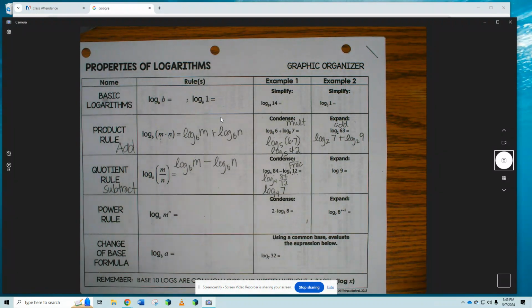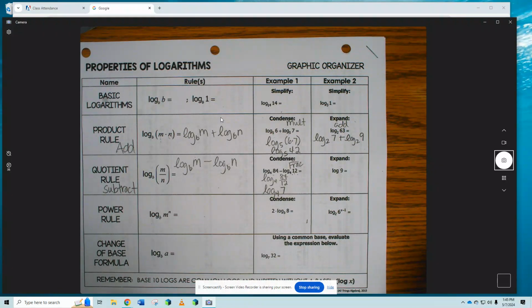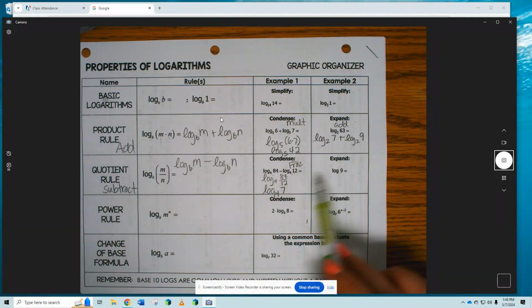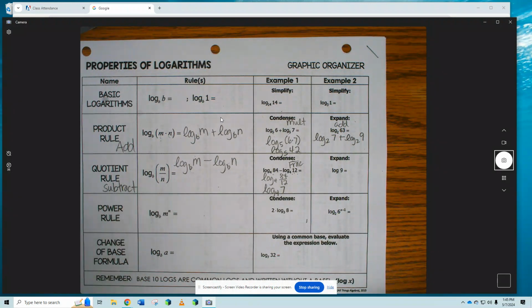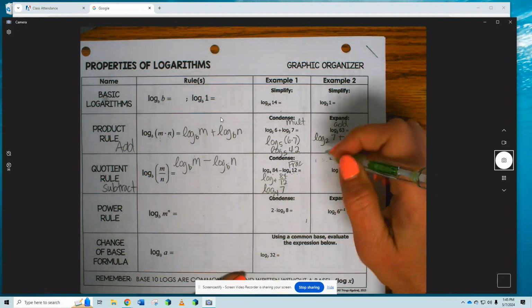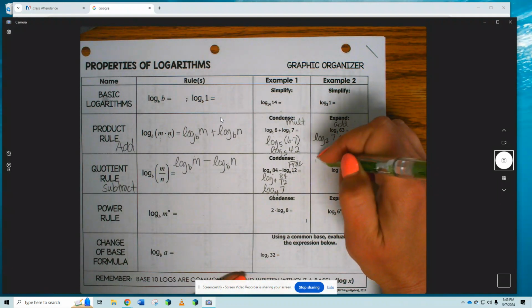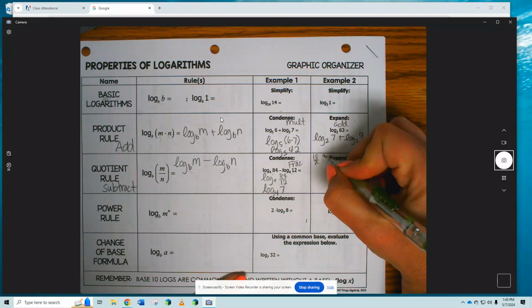Okay. I see this 9, and I want to make it into a multiplication. What multiplies to make 9? Oh, but sorry, this is division. I'm sorry. What divides to make 9? 18 and 2. What else? 9 and 1.